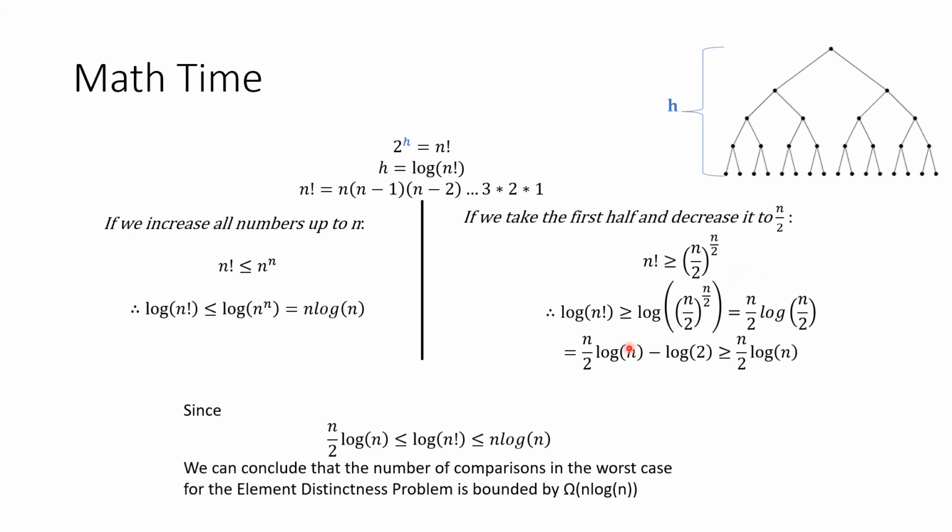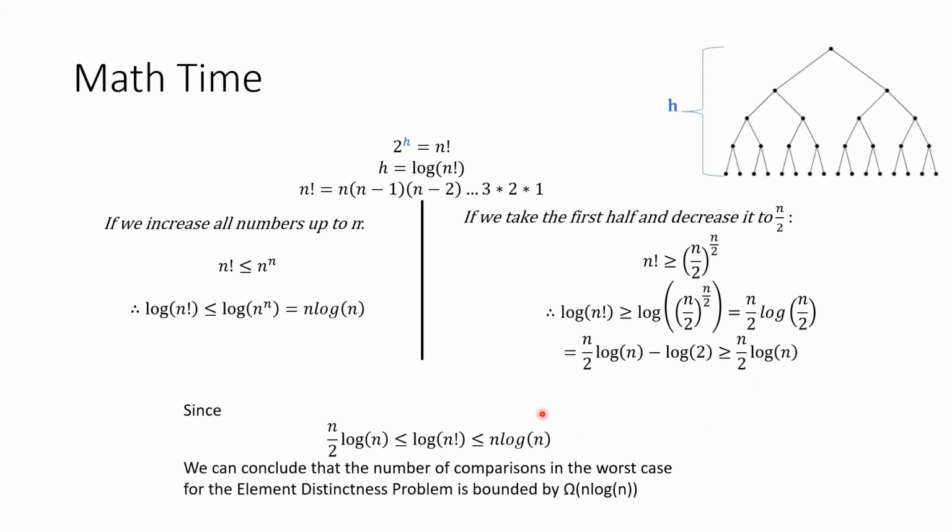So if we take the log of that, we can do some math where we move the exponent to the side, then we move the 2 outside by subtracting. This is just going to be 1. So we end up with log of n factorial being greater or equal to n over 2 log n.